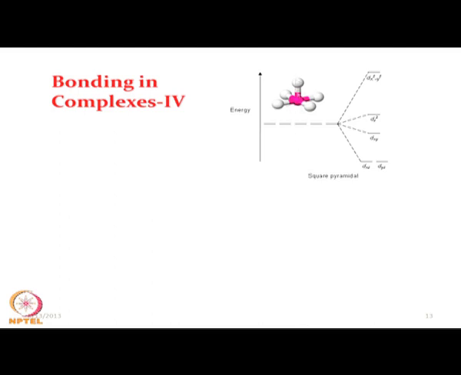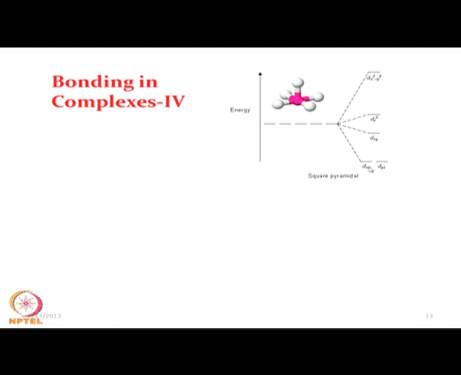So, this particular orbital will be stabilized. So, the orbitals having z component will definitely be stabilized. So, from the eg set, the dz square will be stabilized. So, dz square will be of low energy compared to dx square minus y square.